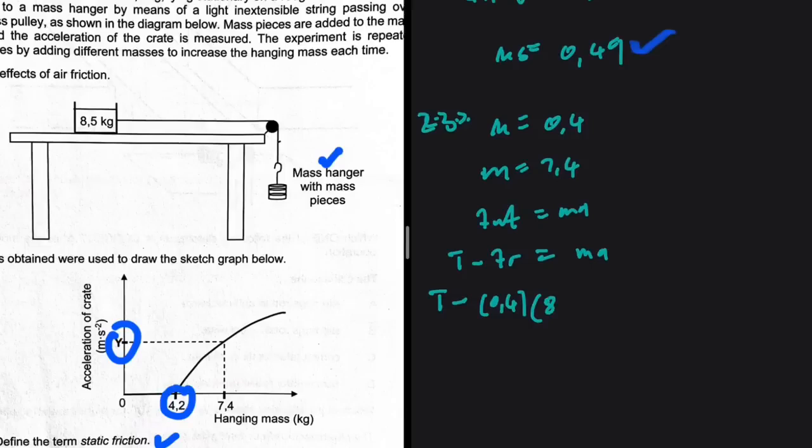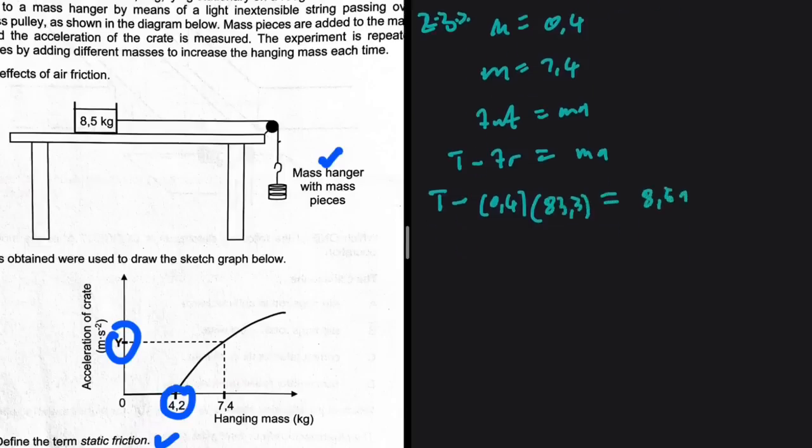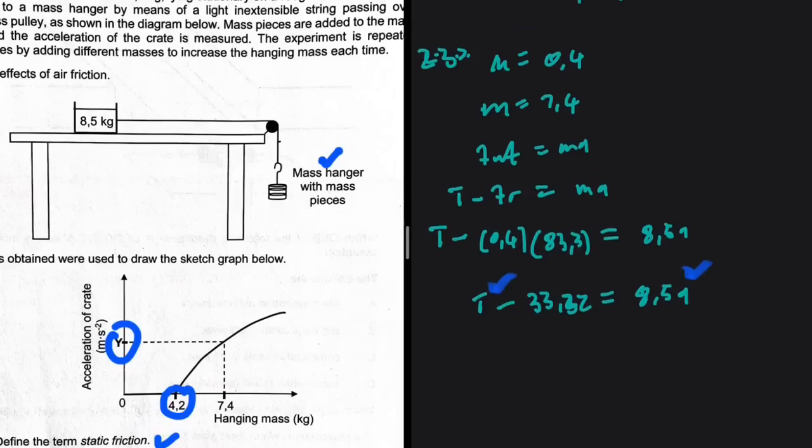So tension minus 0.4 multiplied by 83.3, which is 33.32, is equal to 8.5a. Okay, so it seems like we are stuck here. We have the tension and the acceleration, so we have two variables, right? So we need another equation.